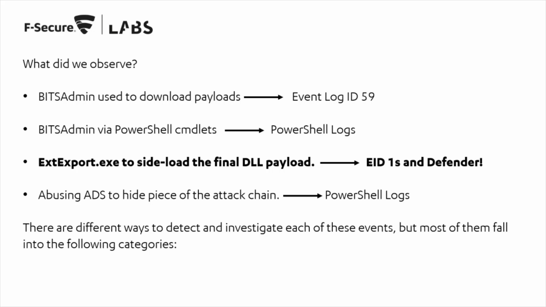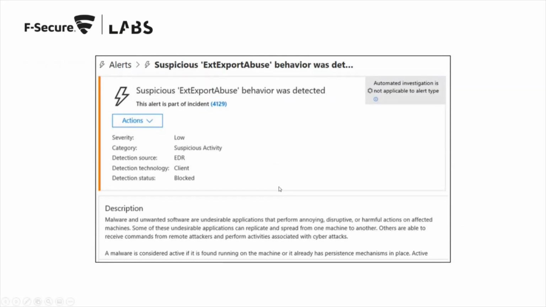It's obviously worth having Windows Defender activated as a first line of defense, and it does catch a lot of these executions. But as with any defensive system, you would like to have several layers to make sure you're detecting all the variations of the executions. In this case, Event ID 1 can be useful for this detection. And here we can see the actual alert from Windows Defender.